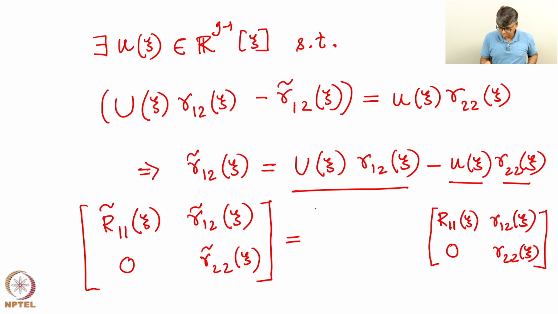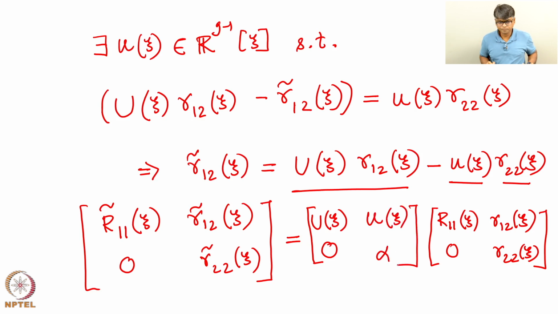Now, this means the first equation says that R11 tilde, let us put a 0 here. What does that mean? Let me write this down, then we verify U xi and this is alpha, right. The product, this row times this column is u xi r11. Let me get rid of the xi so that it is easier, less cumbersome.